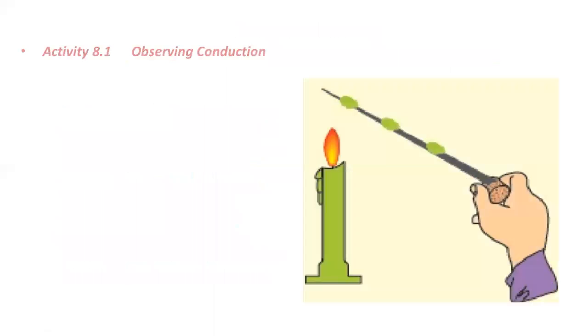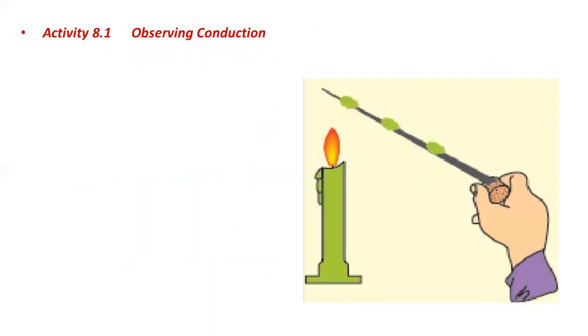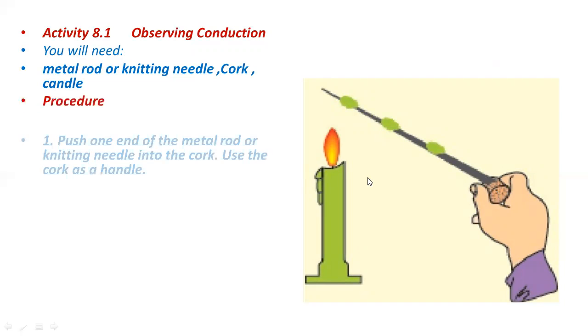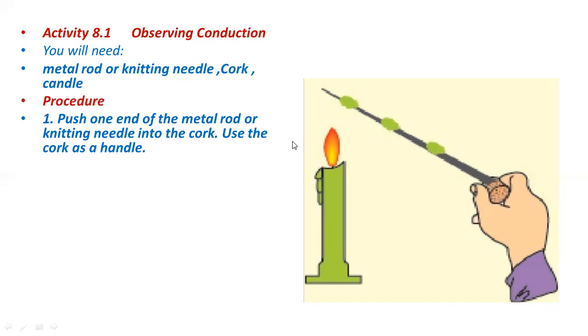To understand conduction, let us do an activity, activity 8.1. For this activity, you need a metal rod or a knitting needle, and a cork in which you fix one end of the knitting needle, so you can hold the cork and your hand will not burn. You also need a candle.